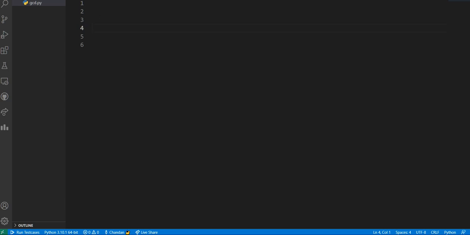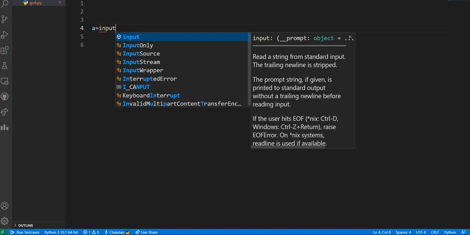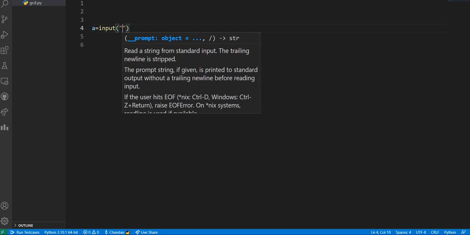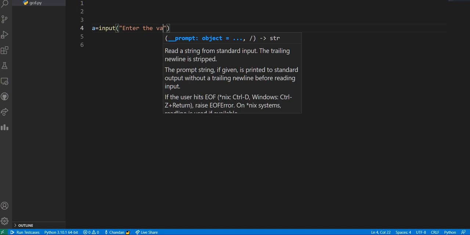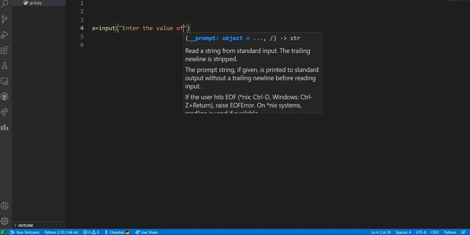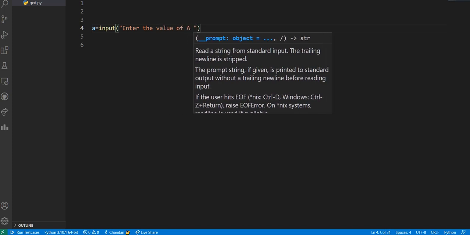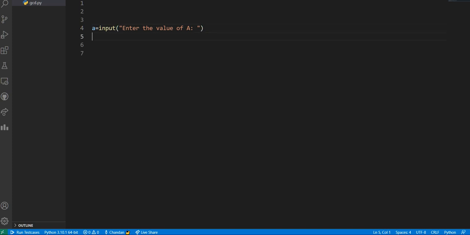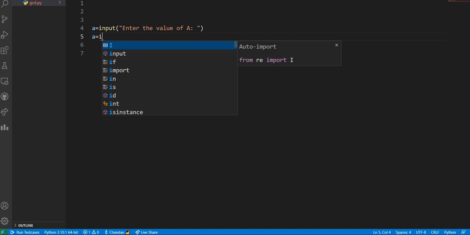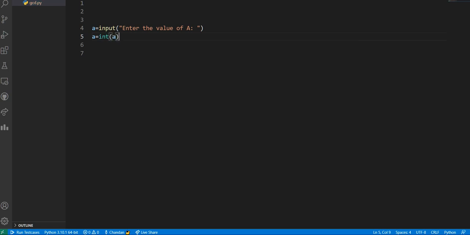Let me write in the memory. Now a equals input of enter the value of a, right? I'll do the type conversion: a equals int of a.